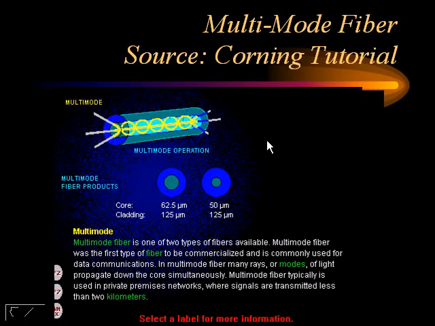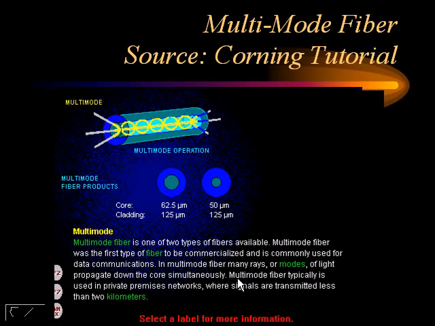Here is another example showing the transmission of the light rays. In this case, as we learned earlier, the mode of transmission is multi-mode. Here are some examples on the size of the core and size of the cladding. In one case it is 62.5 micrometers and in the other case it is 50 micrometers.